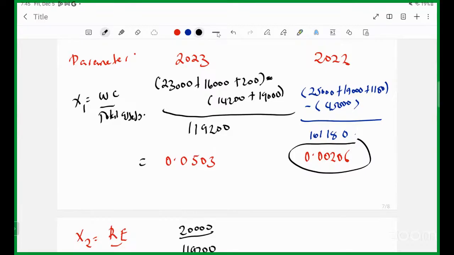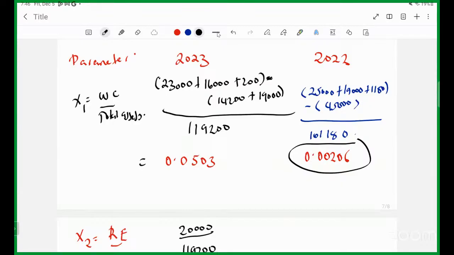Then when I divide by 101,180. Up there is 180. Did you get 180? On current assets minus current liabilities. Yes, it's 180.